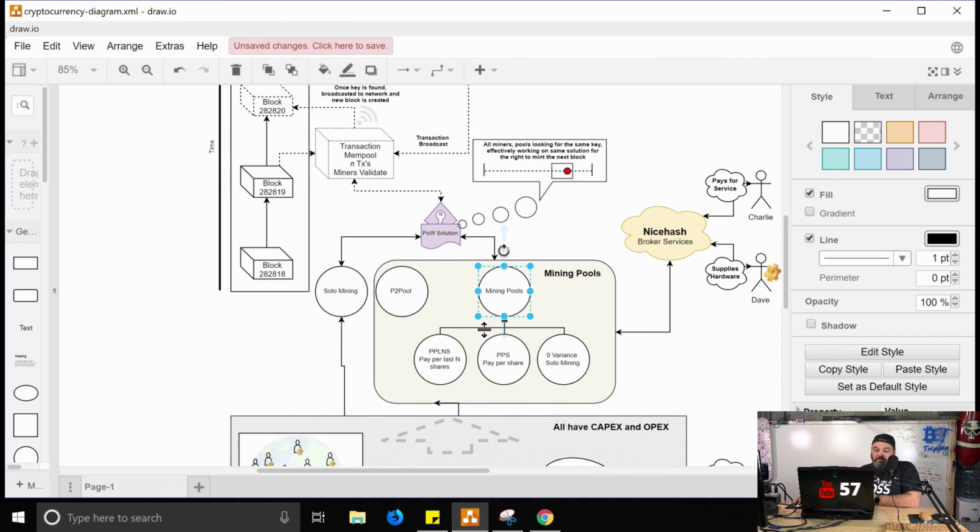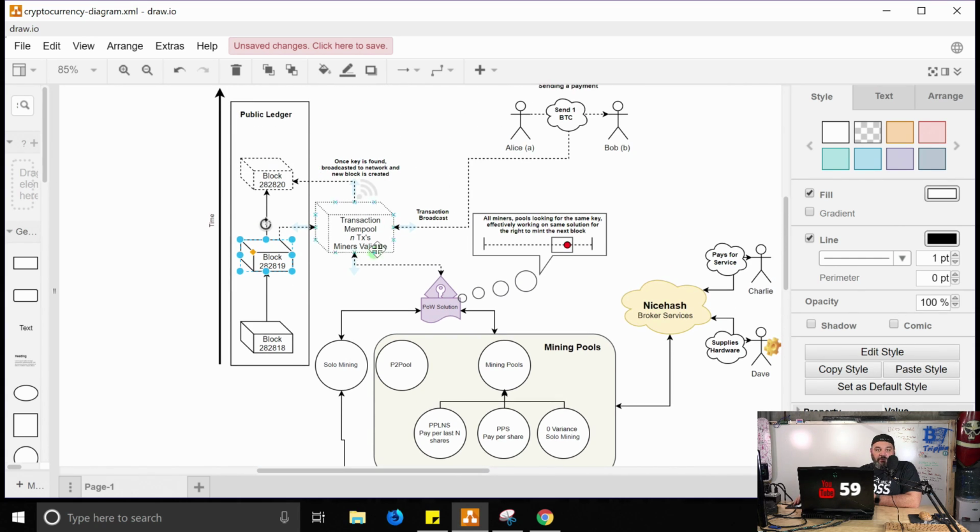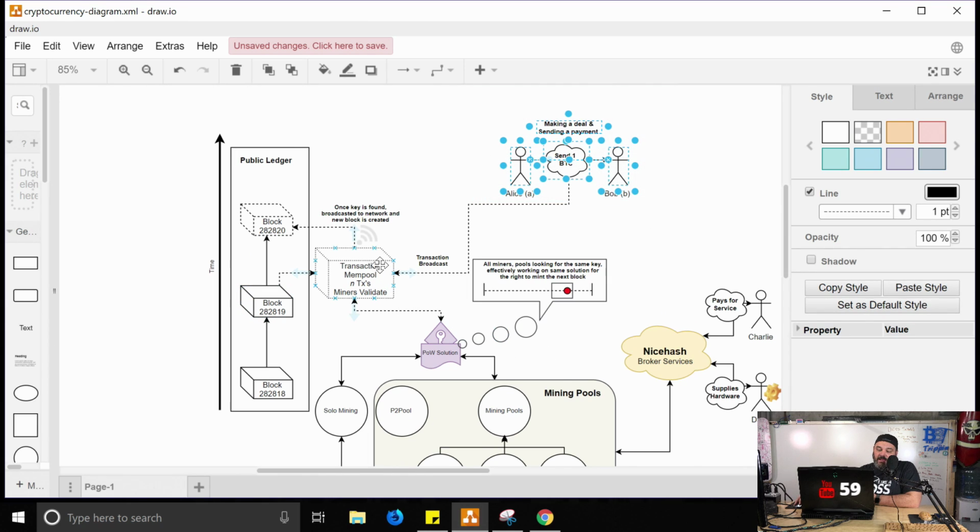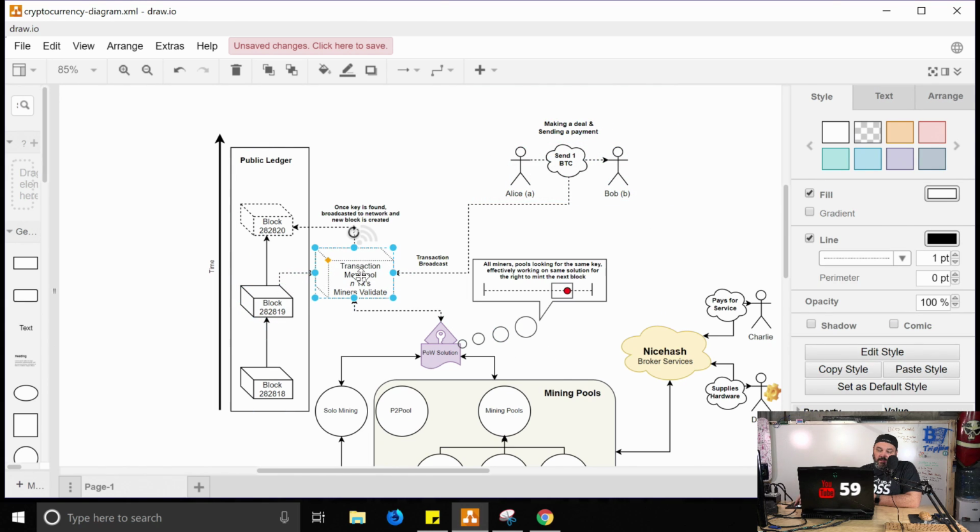Mind you, all this comes down to this: if block 818 was won by, let's say, Supernova, and block 819 was won by Dwarf Pool, and Dwarf Pool had a different set of rules, such as censoring transactions from certain participating addresses, then when they go to include that block, they don't include those transactions, right?